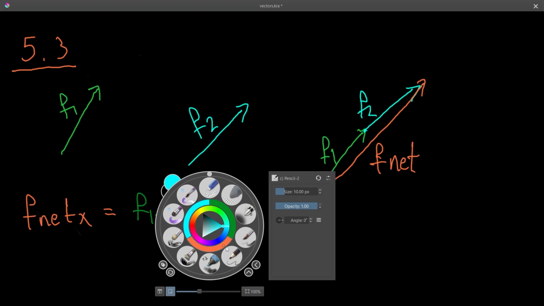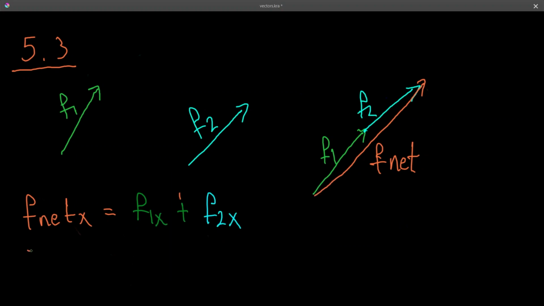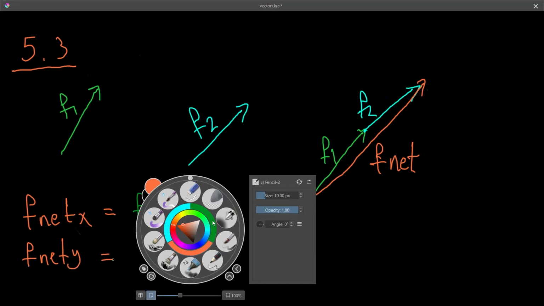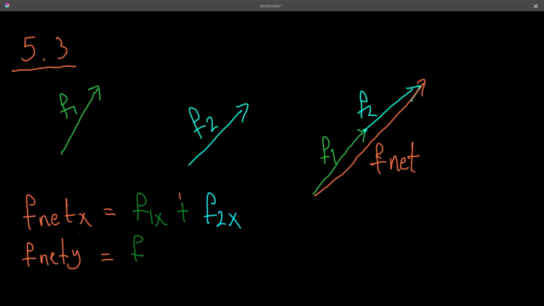And then you'll find F net y, which similarly will just equal F1y plus F2y.